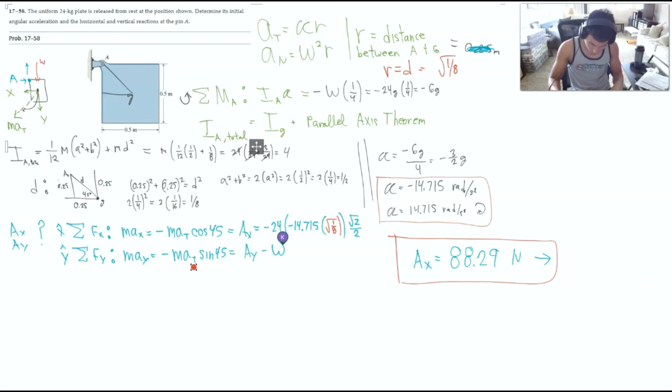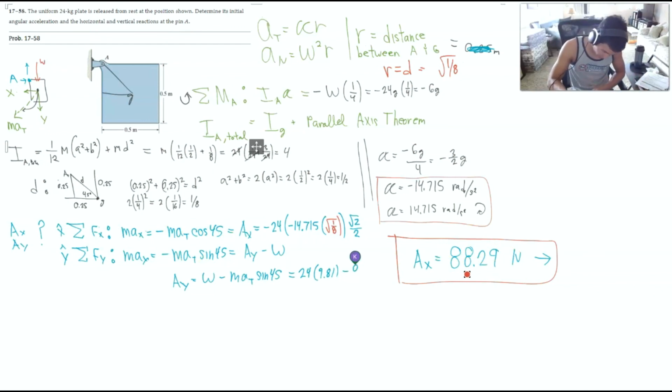Okay, so then in general, we're going to have AY is equal to what? The weight minus MAT sine 45. Okay, so then the weight, it's going to be what? It's going to be 24 times 9.81, and then minus, see this guy right here? This is identically equal to this over here, right? Because cosine 45 and sine 45 are the same thing, so you could reuse this number.